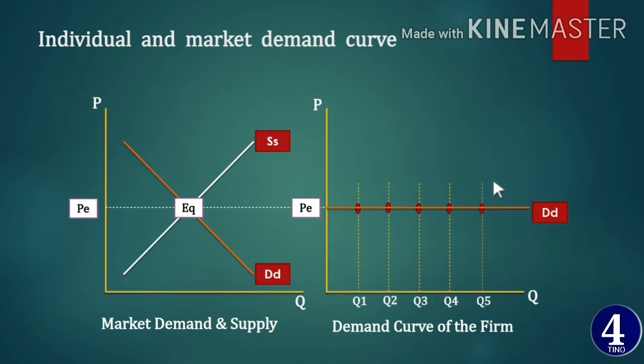So this is a way that you have to understand, okay? It doesn't mean that the firm is a demander. It doesn't mean that the firm is a buyer. But what we are trying to explain here is that every individual firm or any individual seller is facing this demand curve from the buyers in which it can operate, okay? So this is a demand curve from the buyers which faces individual firms.